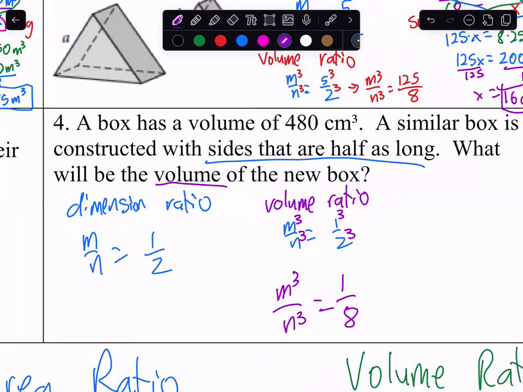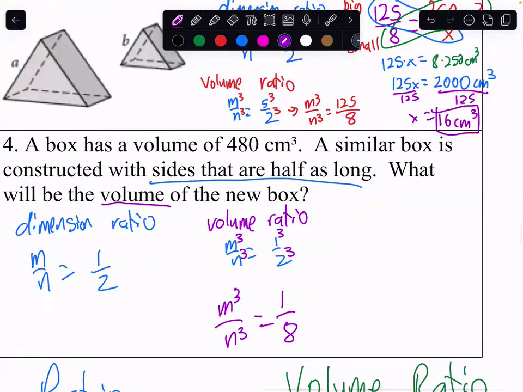If the question is, how do the volumes compare, you would stop right here. You have the volume ratio, but here you're finding the actual volume, not just the ratio. Okay, so take that 1 over 8 and set it equal to a new fraction. Okay, and then what number haven't we used yet? We haven't used the 480. Okay, so do we put the 480 up top or on bottom? Well, obviously out of 1 and 8, 1 is the smaller number and 8 is the bigger number.